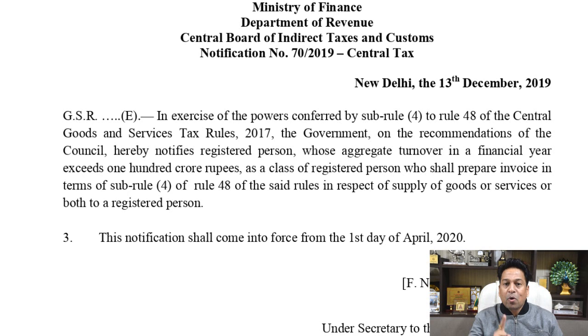E-Invoice generation is compulsory from 1st April 2020 and optional from 1st January 2020. Three months' time is given to such registered persons to be ready for generation of E-Invoice compulsorily from 1st April 2020.